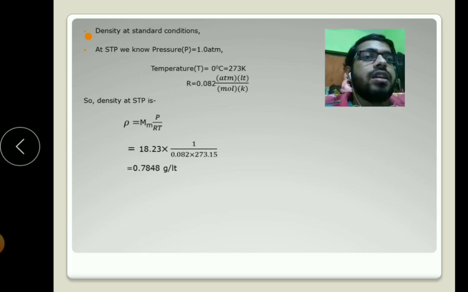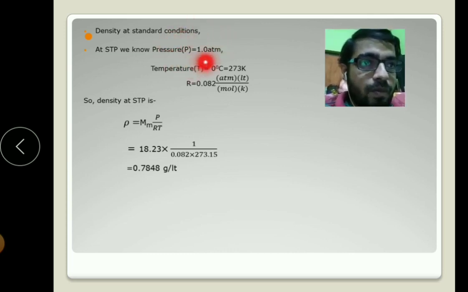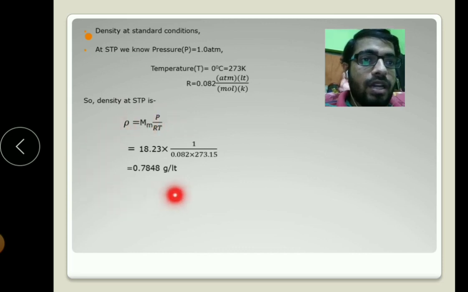So R is 0.082 atm liter per mole Kelvin. For all problems this R value is important. You have to take the R value as per the pressure and temperature units. From that you can calculate the density, and we have this density formula.